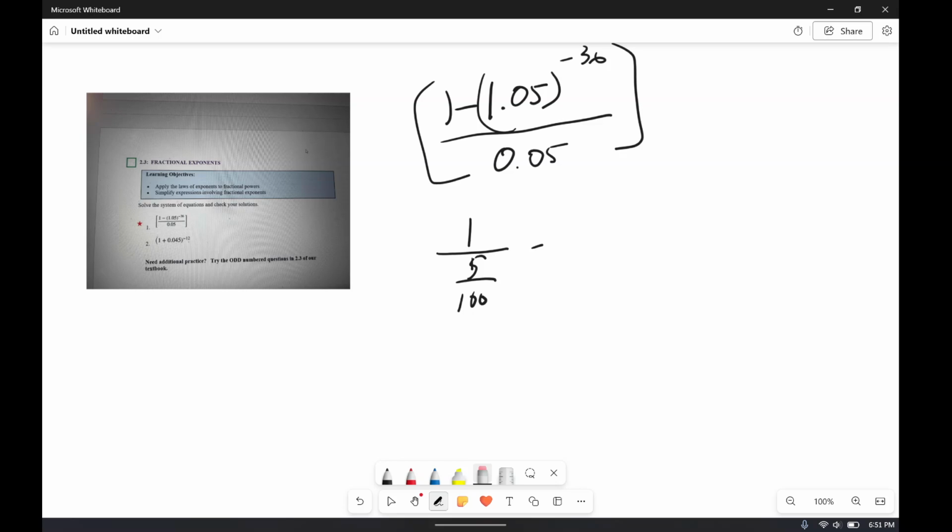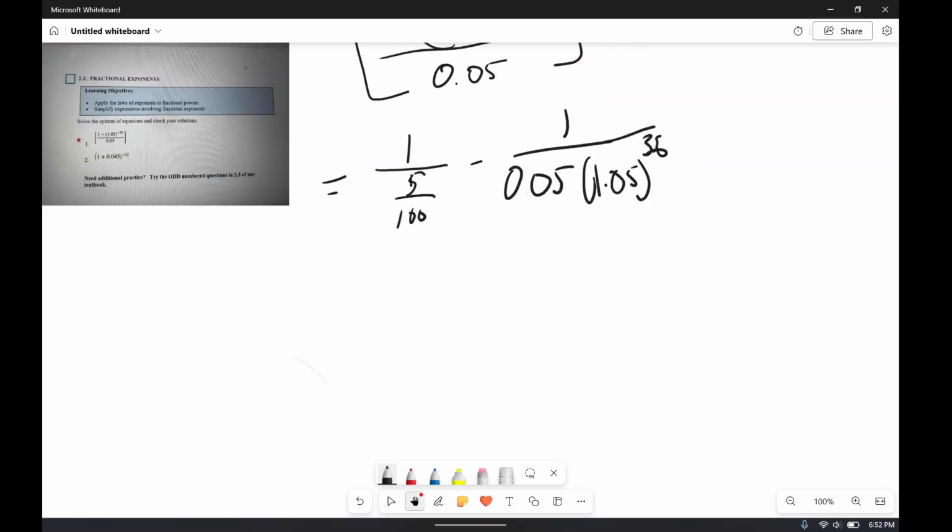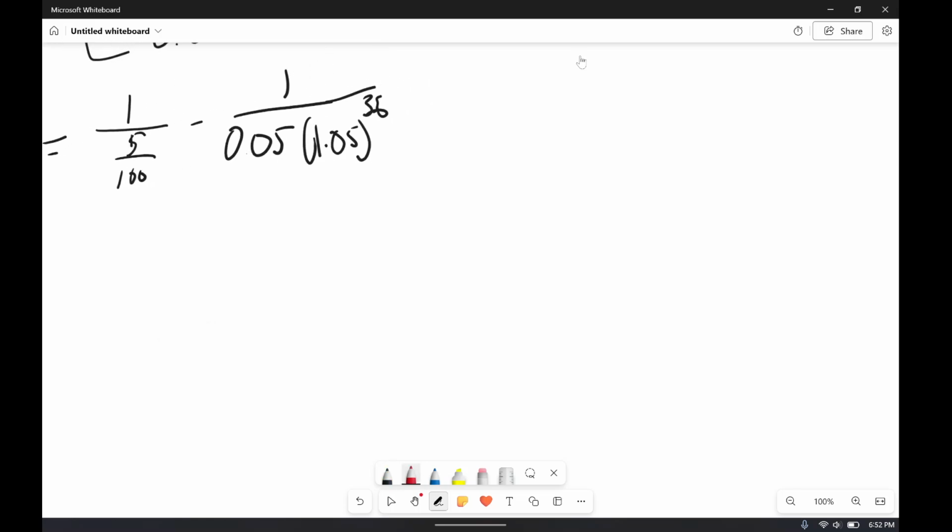So here, okay, I'm going to do it like this so I can explain it a little bit better. This is going to be sitting as 1 because we have a negative. It'll just be over 0.05, and this will just be 1.05 to the 36th power, right? Because we just bring it down. So here, this is the same thing as 5 over 100.